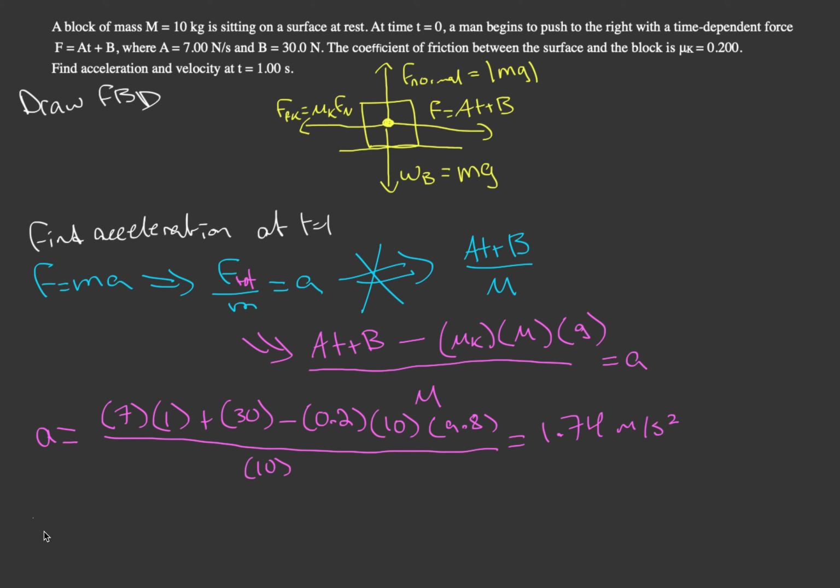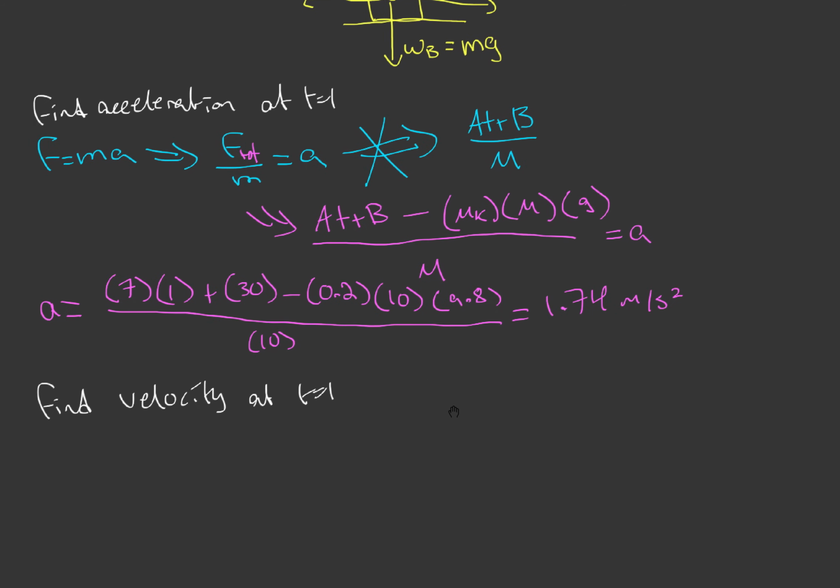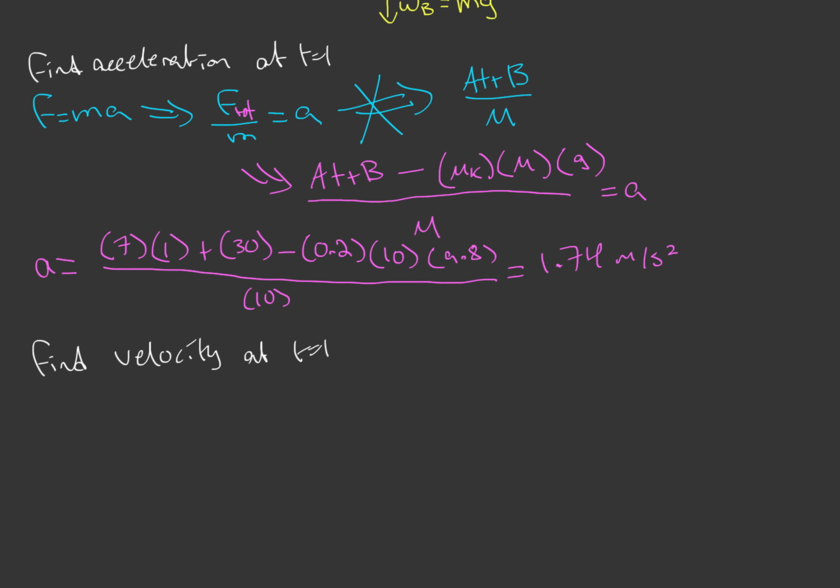Now, we have to find the velocity at t equals 1. How we would set it up is we would try to convert our acceleration into velocity. We do know that acceleration is the derivative of velocity with respect to time. That must mean that the velocity function of time is equal to the integral of acceleration with respect to time.